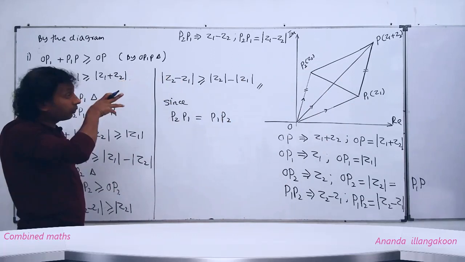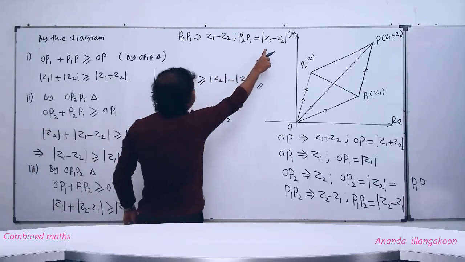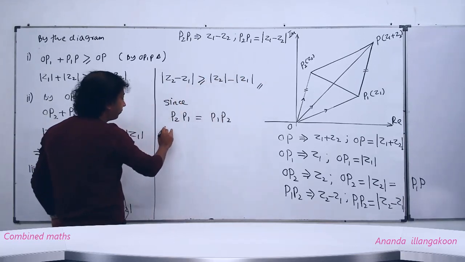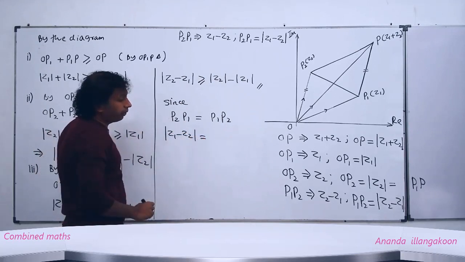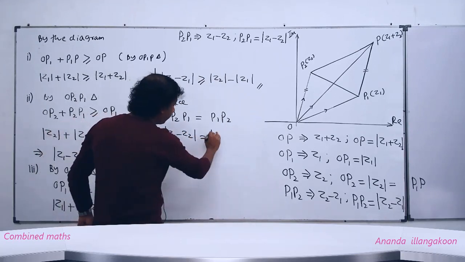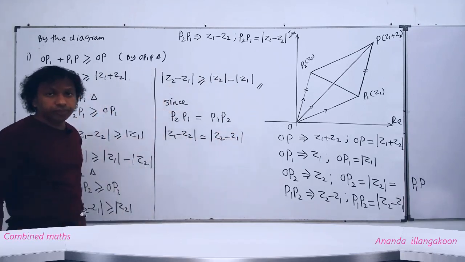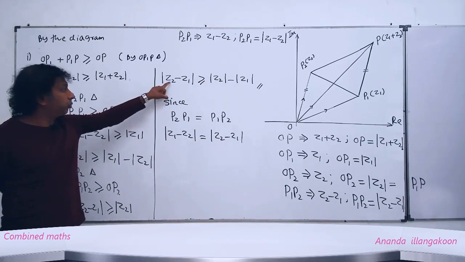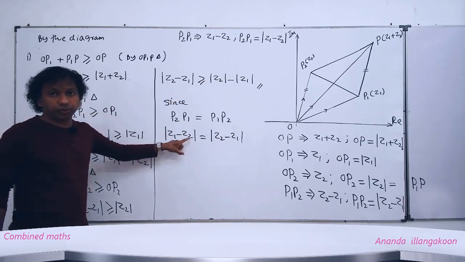Same line, no? PP1 length and P1P2 length are equal. PP1 is this. What is it? Z1 minus Z2. P1P2 means, people, this. Right. Then here for this Z2 minus Z1, I can put what? This is Z1 minus Z2 because these two are equal.